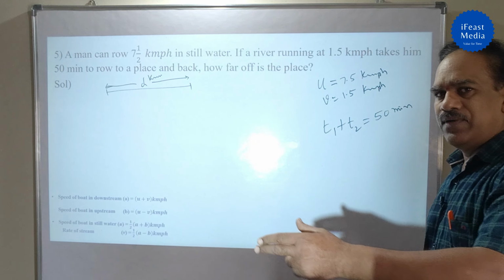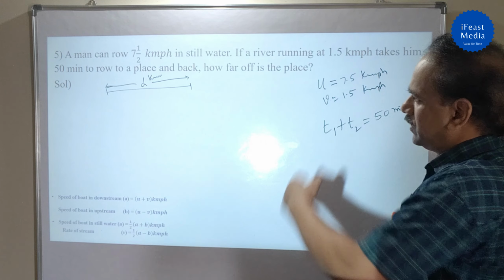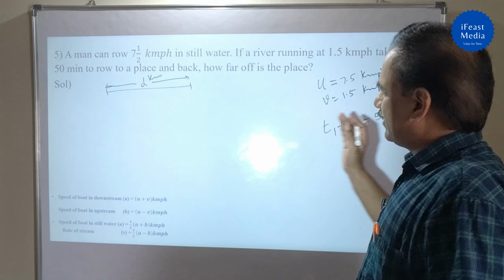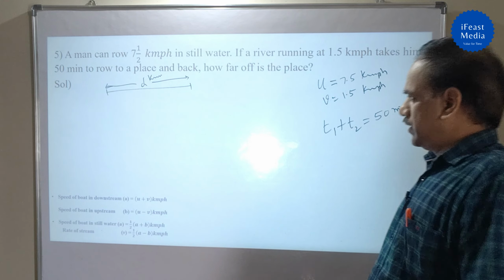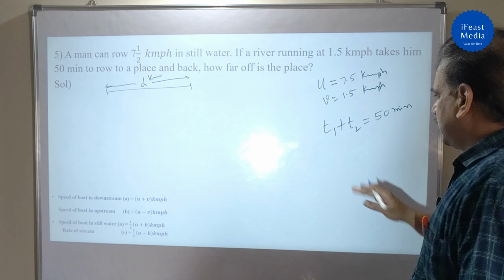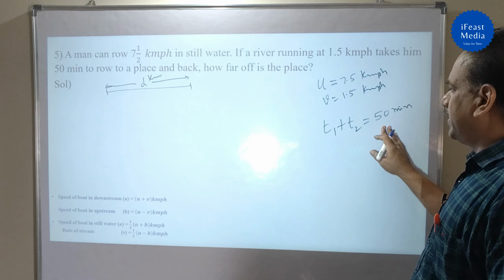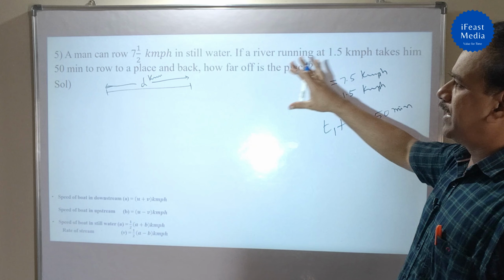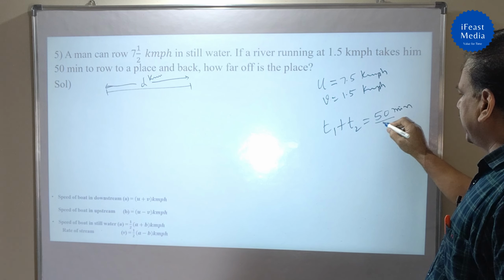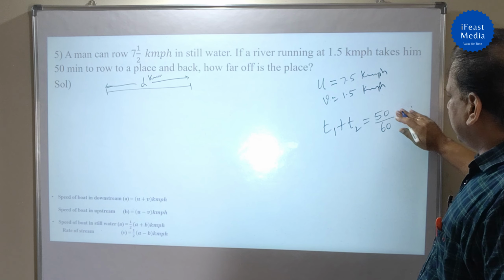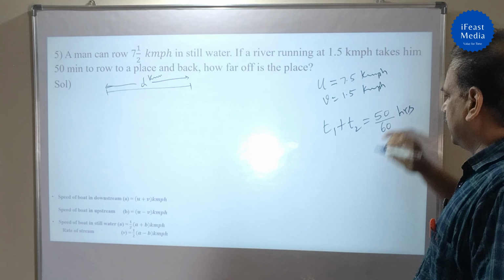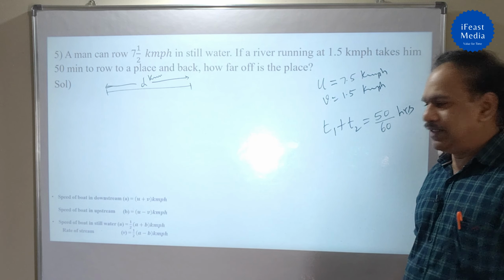T1 plus T2, where T1 is the time taken to row up and T2 is the time taken to row down. So T1 plus T2 is 50 minutes. But everything here is given in kmph, so you should take it as 50 by 60 hours, not 50 minutes.